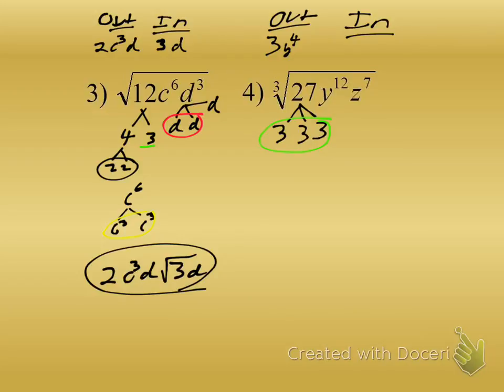Z to the 7th divided by 3. What do you get? Z to the 2nd, right? Z squared, because you need 3 of them. And then how many Z's am I left over? 1.